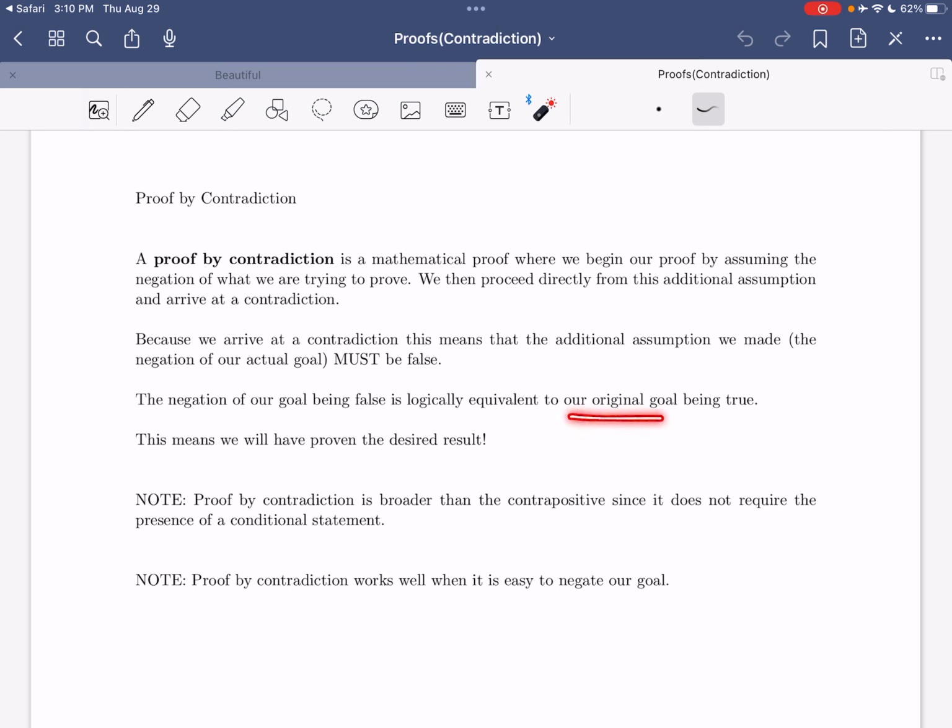So since we now know that our original goal is true, that will mean that we have proven the desired result. So in other words, what we do in this proof by contradiction is we assume the opposite of what we are trying to prove, follow along until we reach that contradiction. Once we arrive at that contradiction, we realize that that assumption of the opposite of what we were trying to prove is incorrect. So what we are trying to prove then must be correct.